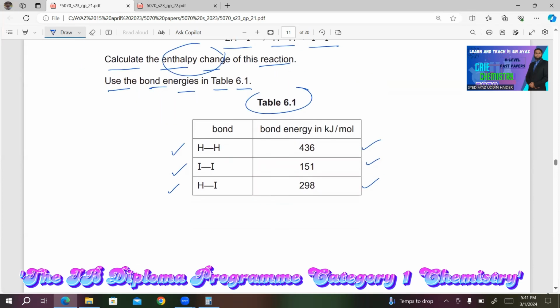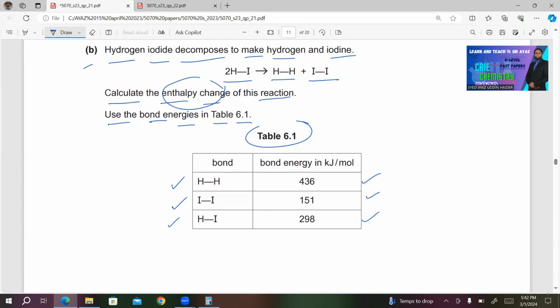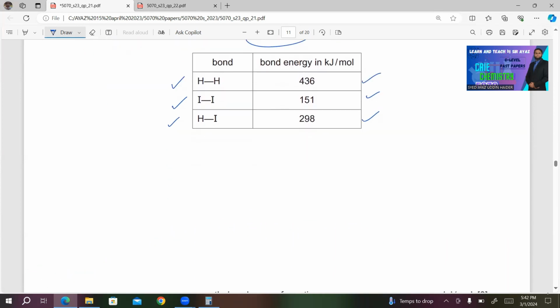So we need to calculate the enthalpy change for this reaction. You know the formula for enthalpy change? I'm writing the reaction here. 2H-I gives H-H plus I-I.